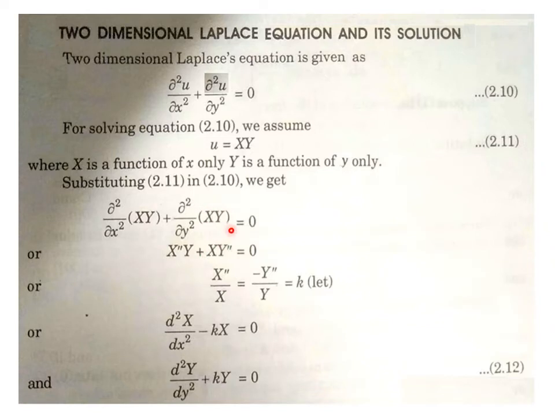Similarly, plus X Y double dash equals 0. Then separation is done, X double dash upon X on one side, minus Y double dash upon Y on the other side, and as we know we take both equal to some common constant, say k here, and by that process two differential equations are obtained as parts of equation 2.12, and we will solve them with different choices of k in the next slide.